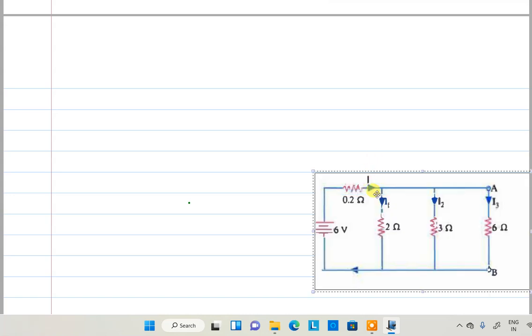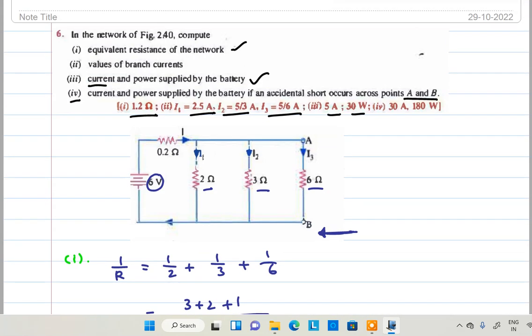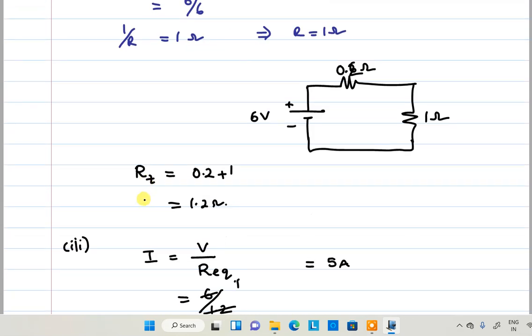See here, this is the fourth bit. Just look at the problem here. Current and power supplied by the battery when accidentally short circuited between A and B. So whenever A and B are short circuited, you want to find the current and power supplied. That is the question, right?